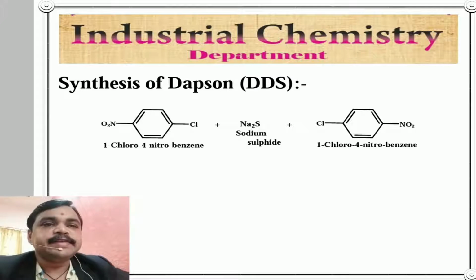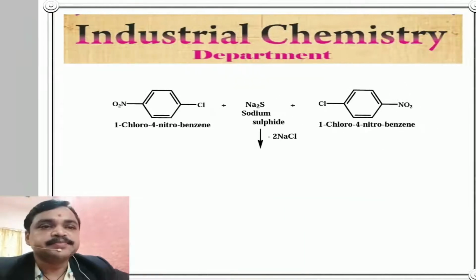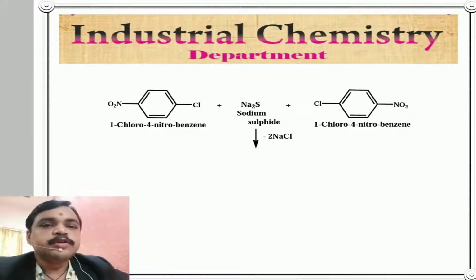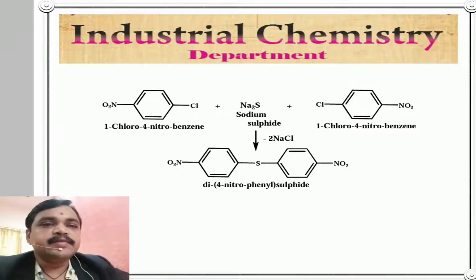2 moles of para-chloronitrobenzene are treated with sodium sulfide, Na2S. Interaction between these 2 moles of para-chloronitrobenzene, or 1-chloro-4-nitrobenzene, and sodium sulfide removes 2 moles of sodium chloride and gives the product di-4-nitrophenyl sulfide.